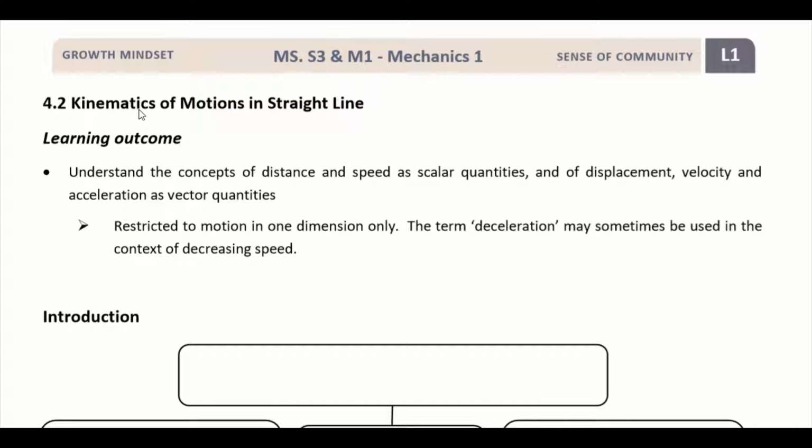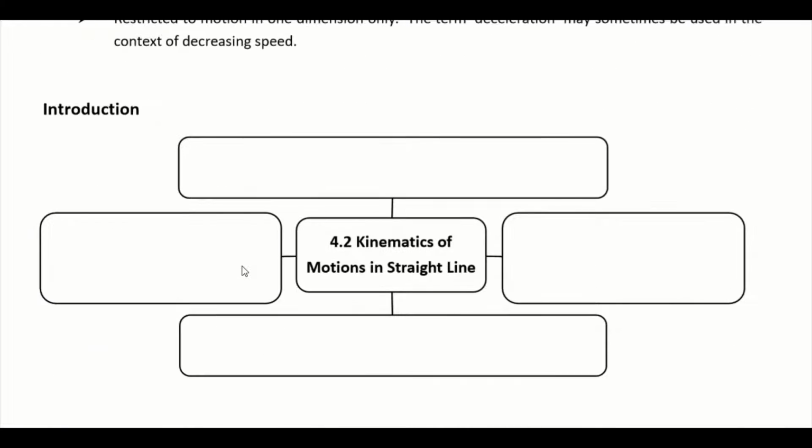Before I move into the learning outcome, I would like to do a very quick introduction of this topic, meaning the four main components that we will go through together under this topic. The first one, which is also what we will learn in this video, is a very basic thing: for you to understand some of the important concepts here, which is the distance.